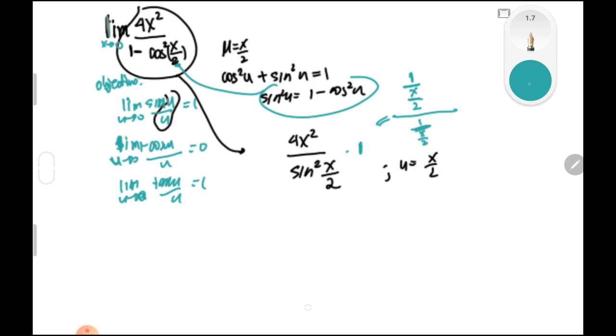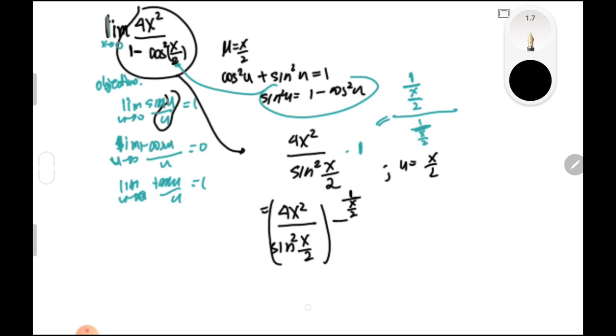Okay, so by multiplying 1, we'll have a value equal to 4x squared divided by sine squared x over 2 multiplied by 1 all over x over 2 divided by 1 all over x over 2.